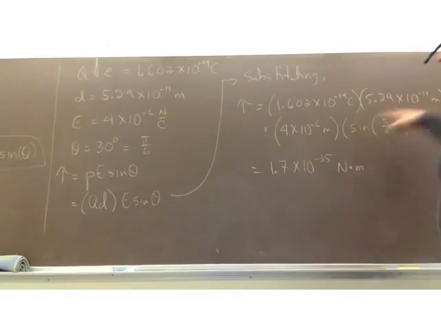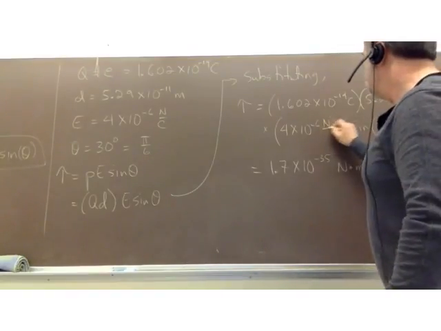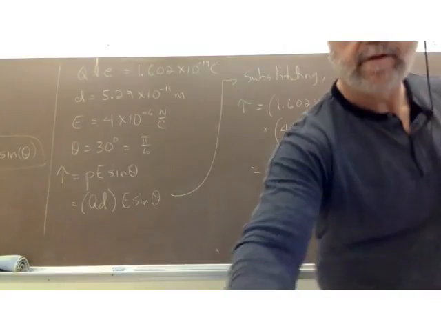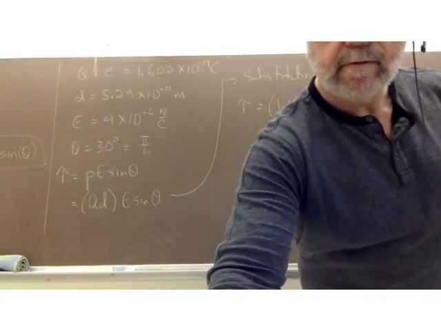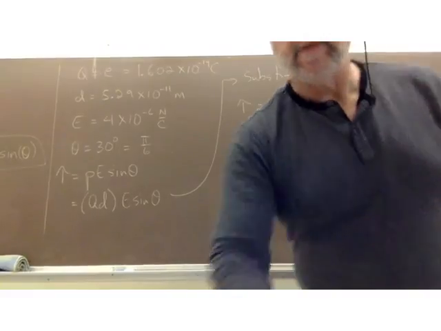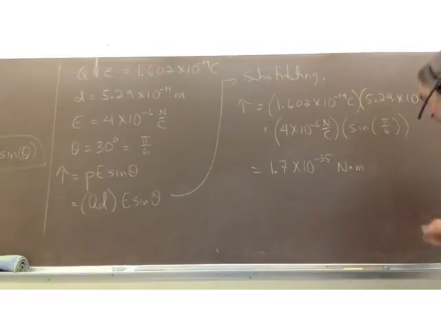Coulombs times, oops, this should be newtons per meter, that's my mistake. Presumably you were yelling at the screen. No, it's newtons per coulomb here. Now the units work out.